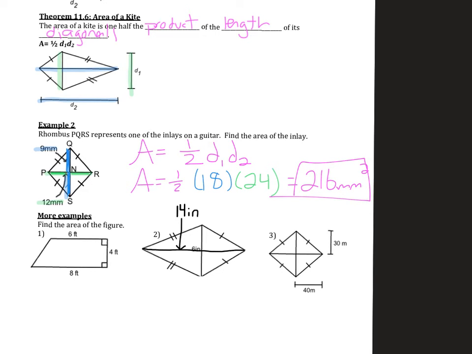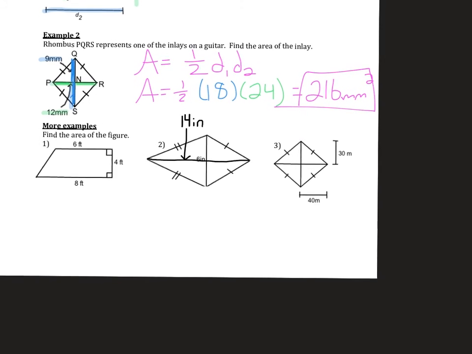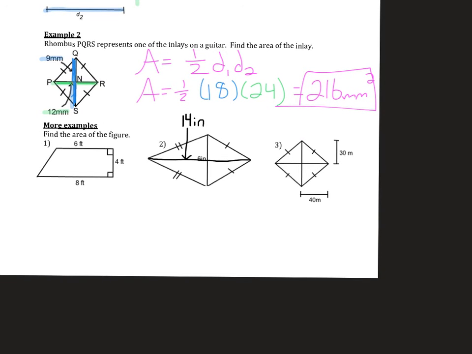Okay. Got a few more examples here, so if you would like to pause the video and try them yourself and then come in, see how you did, feel free to do that. This first one is a trapezoid. So I know it's 1/2 times the height times the quantity of the sum of the bases. So let's see what I got here. I've got a base, I've got a base, I've got a height.